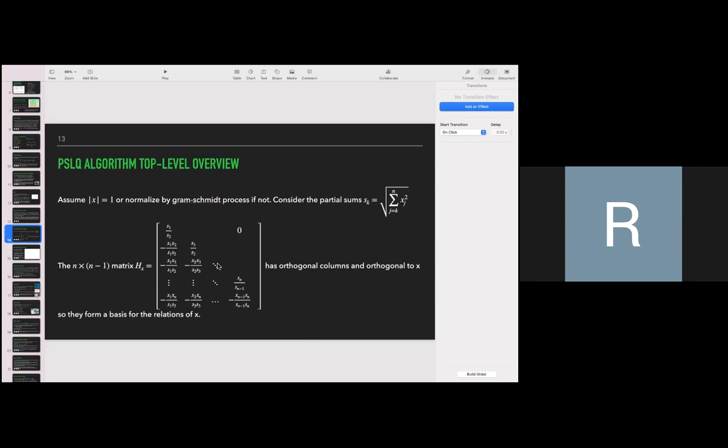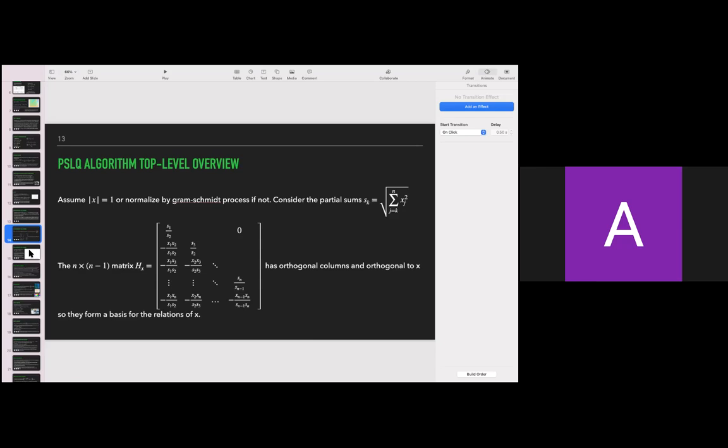And the highest diagonal is all positives, and I think the rest are all negatives. So you make this matrix and you prove that it has orthogonal columns. Yeah, it can be shown that it has orthogonal columns.